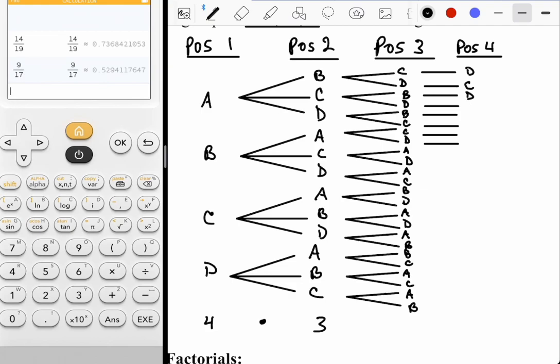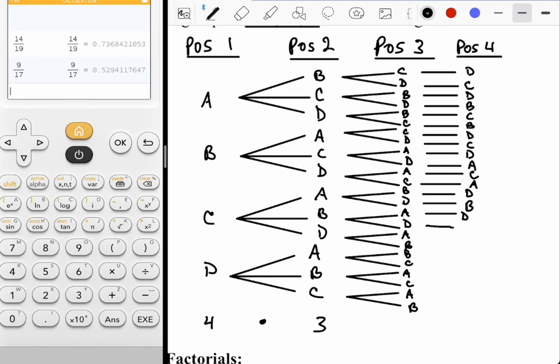A, C, B, D. A, C, D, B. A, D, B, C. A, D, C, B. B, A, C, D. B, A, D, C. B, C, A, D. B, C, D, A. B, D, A must be C. B, D, C it must be A. C, A, B must be D. C, A, D must be B. C, B, A must be D, sorry.